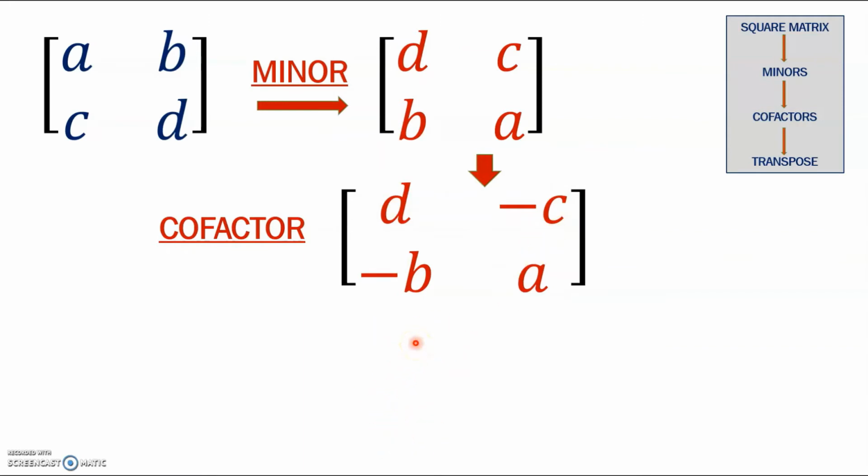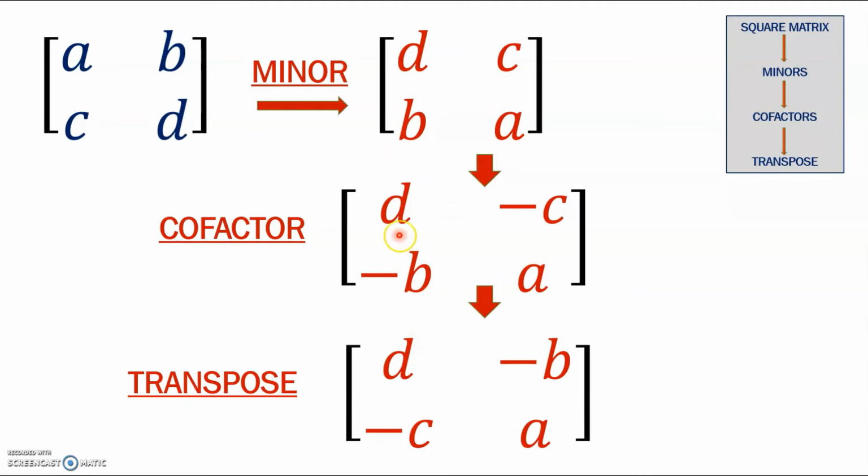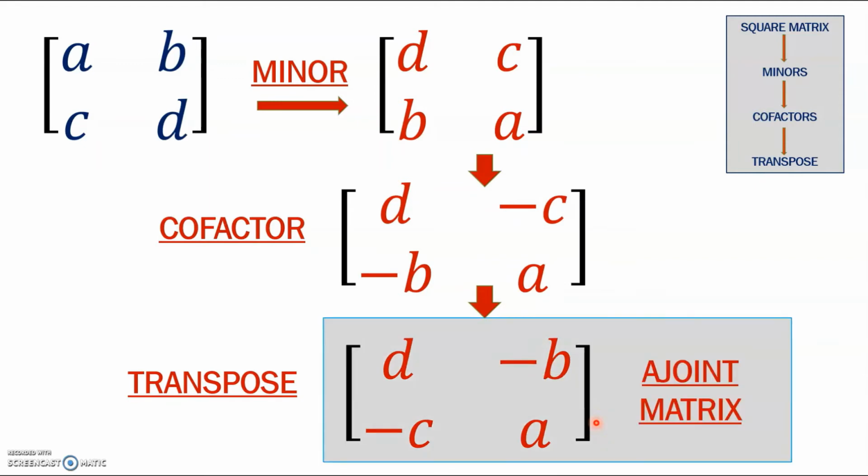Then that's your transpose matrix. So D, minus C in the first row becomes D, minus C in the first column. Minus B and A in the second row becomes minus B and A in the second column. That's so simple. Now this is our adjoint matrix of the matrix A, B, C, D.